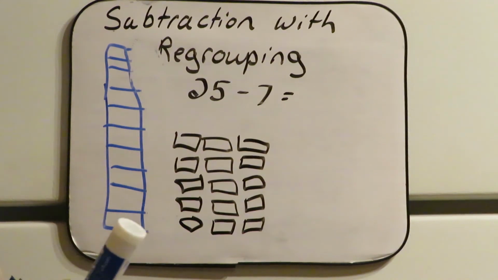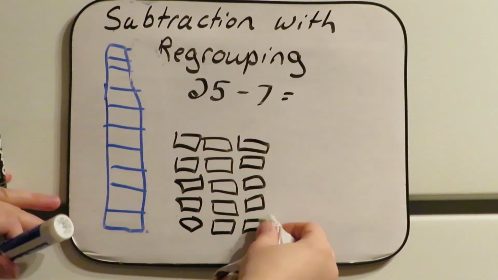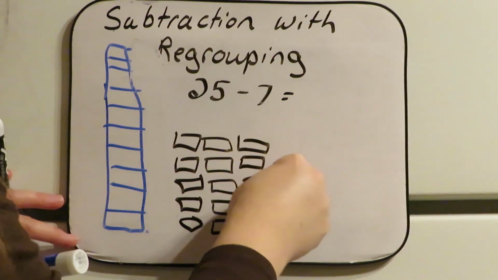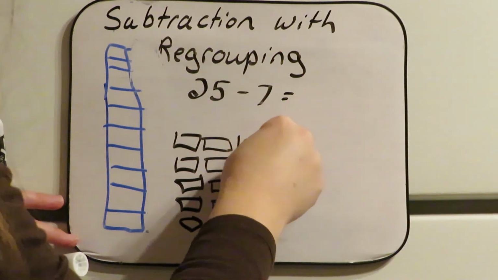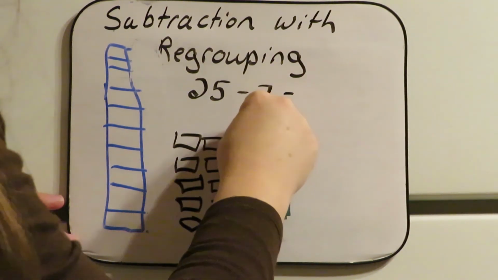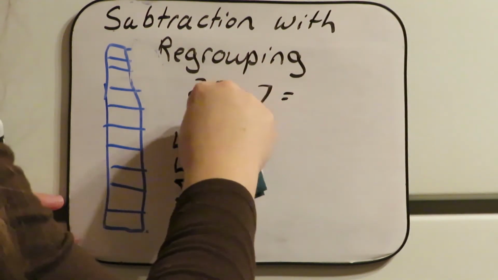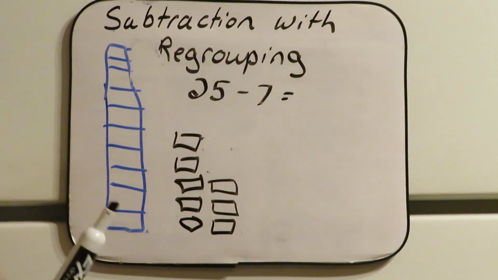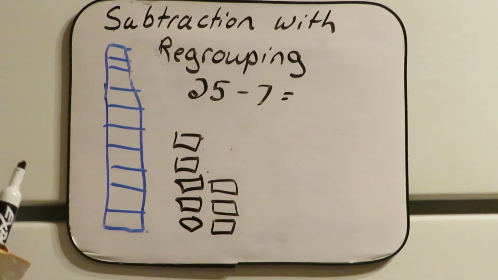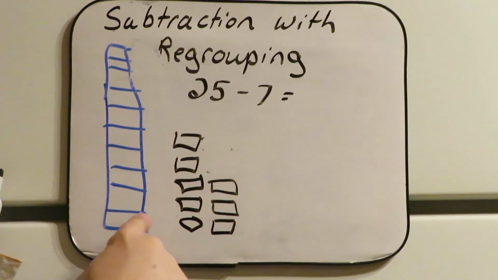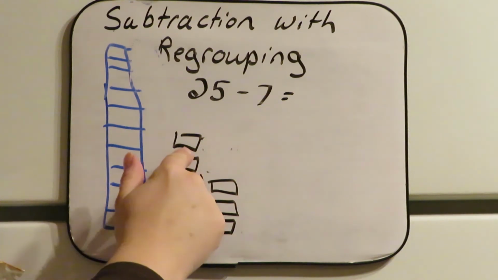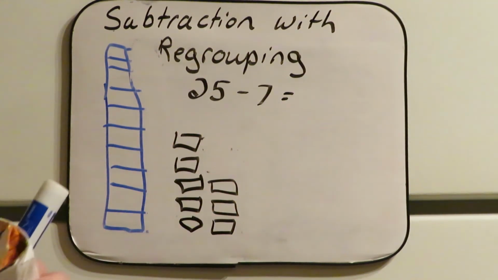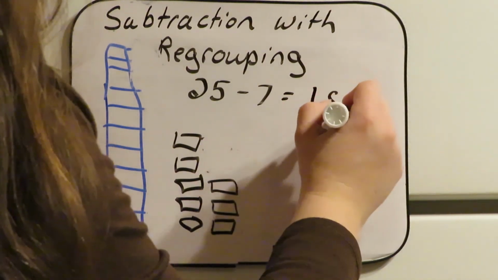And then we're going to subtract 7. So 1, 2, 3, 4, 5, 6, 7. Okay? Now we just add up what's left. 10, 11, 12, 13, 14, 15, 16, 17, 18. 18 is our answer.